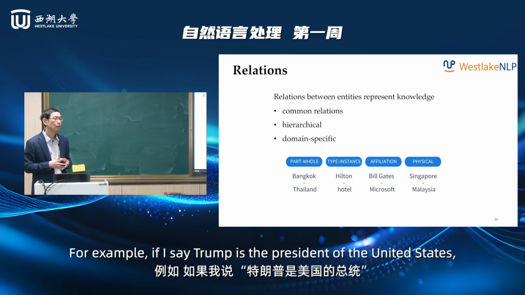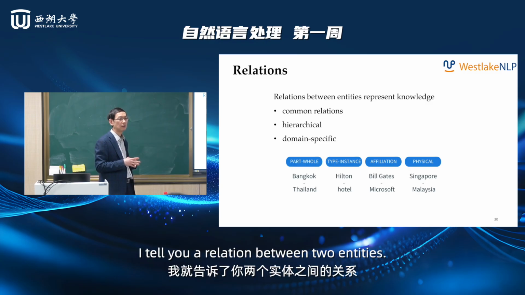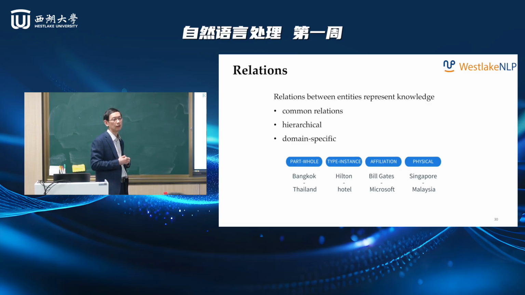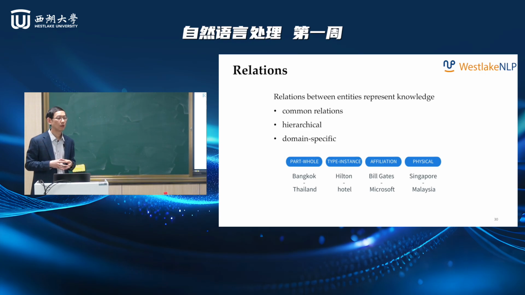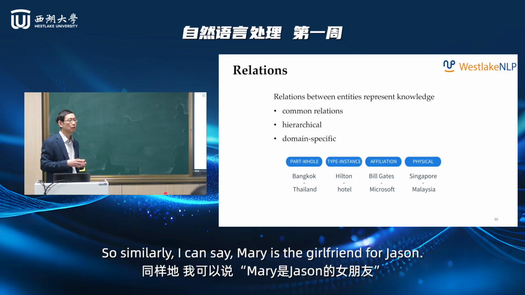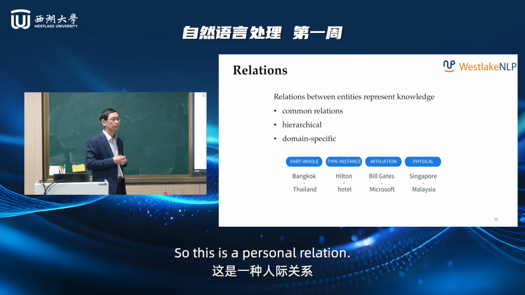For example, if I say Trump is the president of the United States, I tell you a relation between 2 entities, someone who takes some role in a country. Similarly, I can say Mary is the girlfriend of Jason. So this is a personal relation.